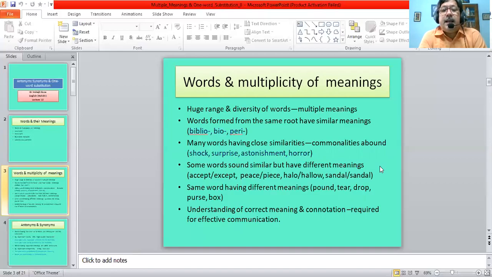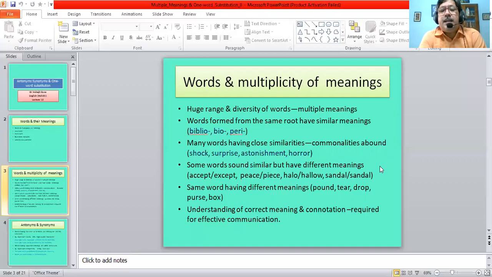Some words have a similar sound, but they have different meanings again, like accept and except. The meanings are different. Accept meaning to take something, and except meaning to leave out or to exclude. Peace meaning the opposite of war, and piece means a section or a segment.